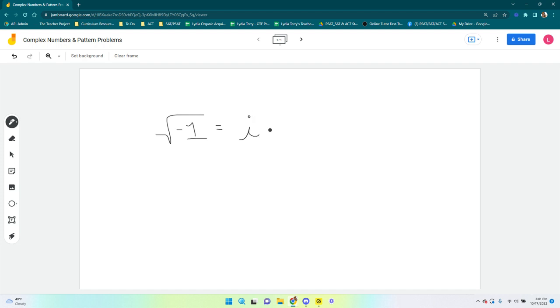On the SAT, the ACT, and the PSAT, if you see i, they will absolutely tell you either i squared is -1, or the square root of -1 is i.